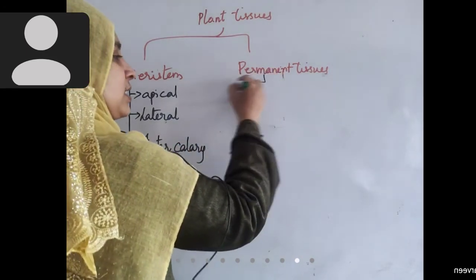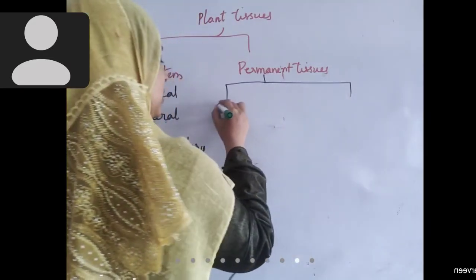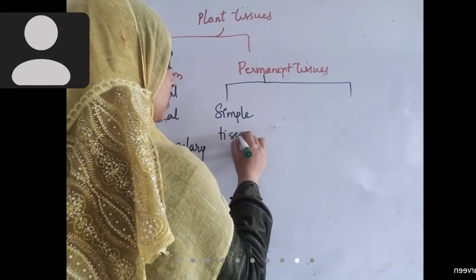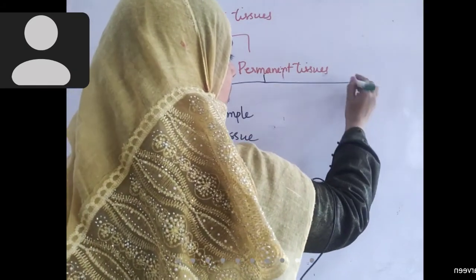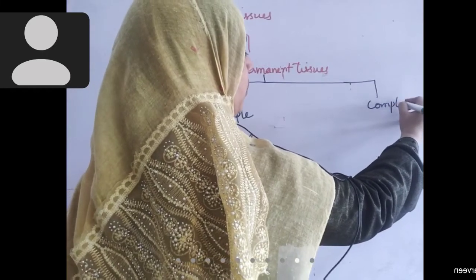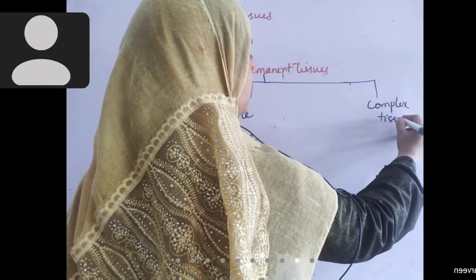Permanent tissue again is divided into simple tissues and complex tissues.